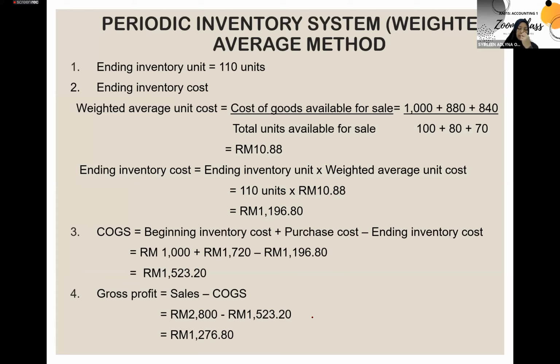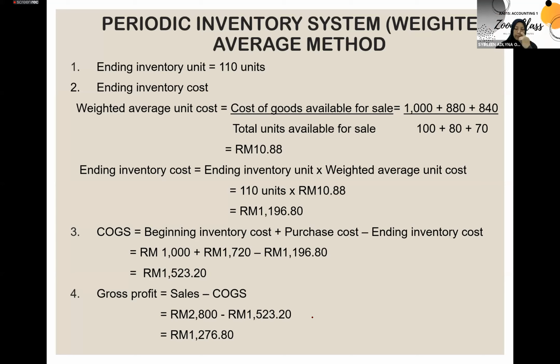You akan darab dengan ending inventory unit tadi, and you akan dapatkan the ending inventory cost. Okay, so kita akan ikut steps lah. So you're going to calculate the ending inventory unit, and then you calculate the ending inventory cost. Lepas tu kita kira COGS, and towards the end we'll calculate our gross profit. Semua dikira macam ni sekali saja sebab this is periodic. That means kita akan buat pada hujung sesuatu tempoh perakaunan.